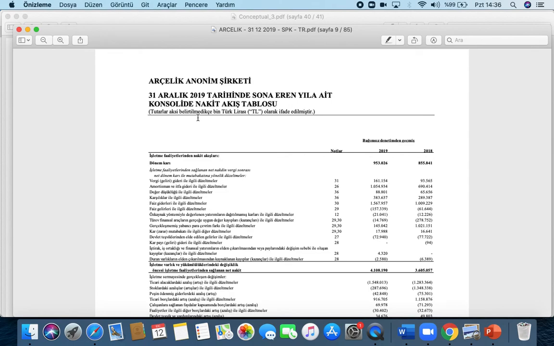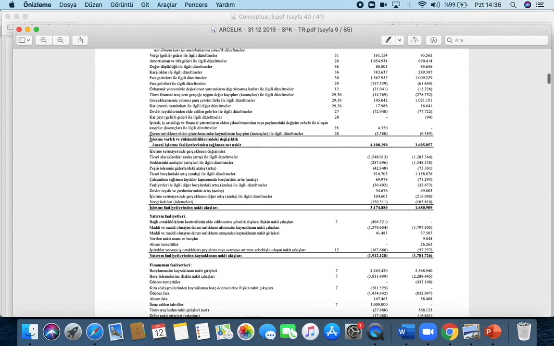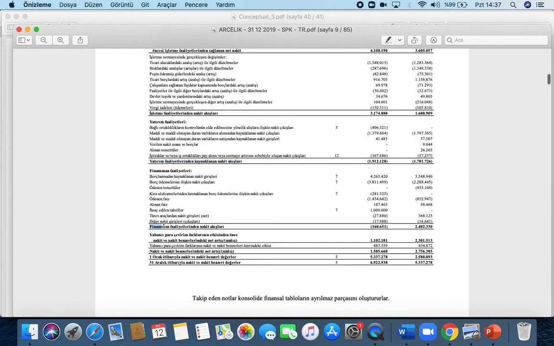As you see, it is also a flow document as of a period, not as of a single specific date. It groups the cash flows from operating activities, investment activities, and financing activities, işletme faaliyetlerinden, yatırım faaliyetlerinden, finansman faaliyetlerinden nakit akışları.